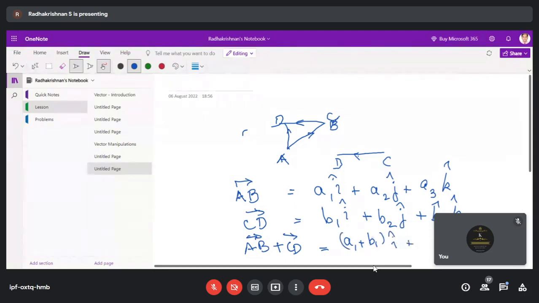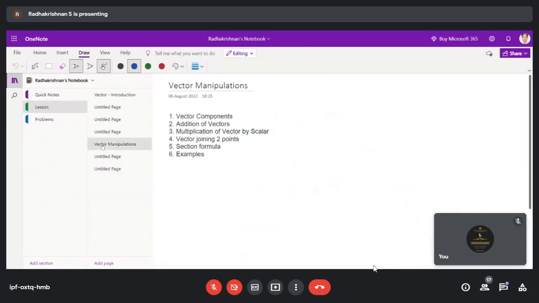Simply we add the i components, we add the j components, we add the k components. So the triangle law and this are equivalent, right? These are the two ways of vector addition.